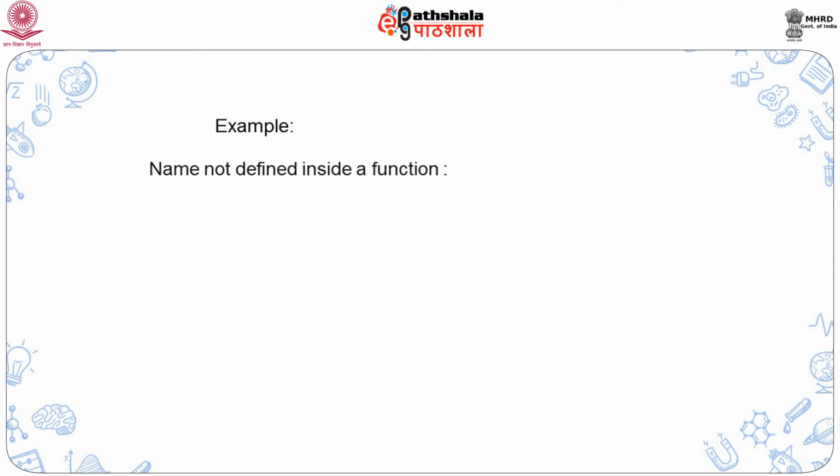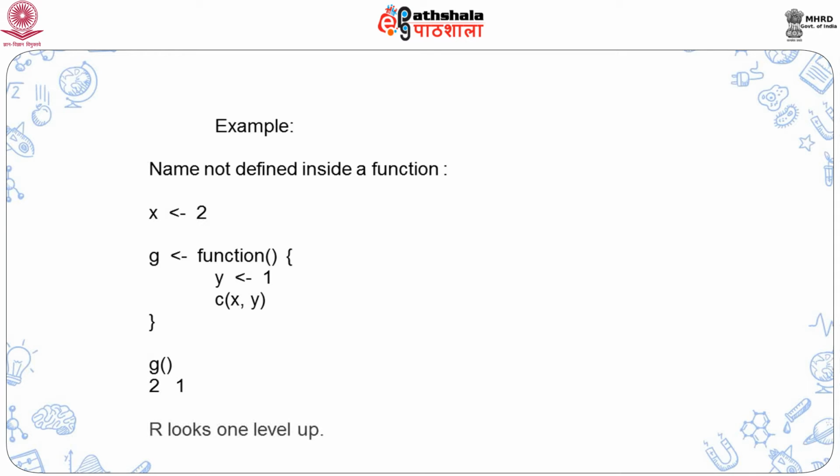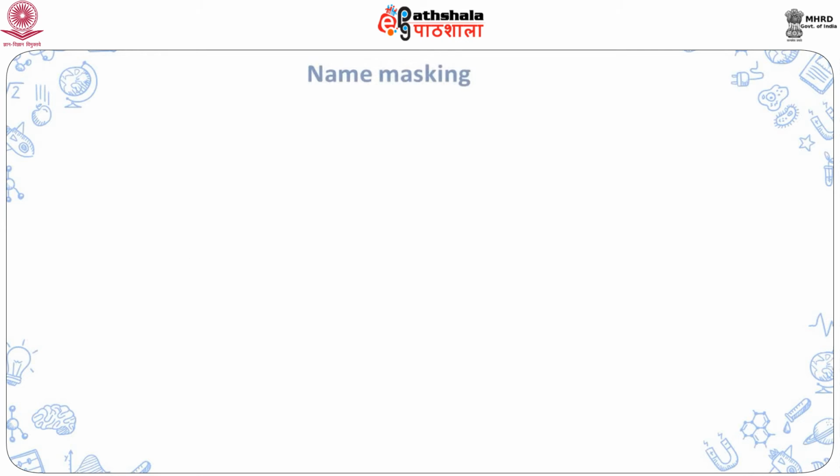Here we are assigning 2 to x, and we are defining a function g in which y takes the value 1, and we have a vector of x and y. So, let us see what the function g gives us, and here it gives us 2 and 1, as x and y are 2 and 1 respectively. The same rules apply here. The same rules apply if a function is defined inside another function.